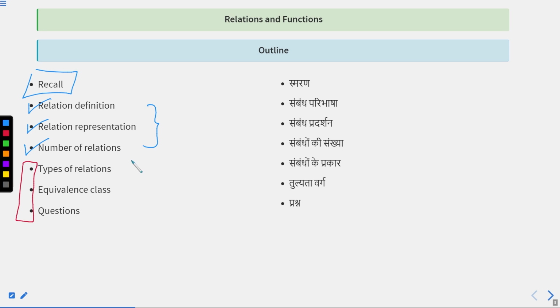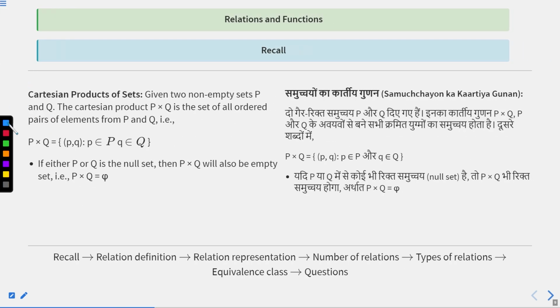So let us see what we must know before going to the relation definition. We must know about the Cartesian product of two sets. In a Cartesian product, we demand two sets and those sets must be non-empty. Suppose P is a non-empty set and Q is another non-empty set.